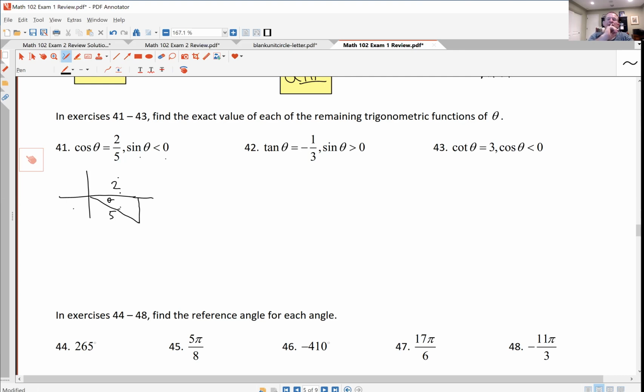This is where you got to be careful, because we're going to say a squared plus b squared equals c squared. Or b squared is 25 minus 4, or 21. This looks like it should be square root of 21. However, we need a negative on this.